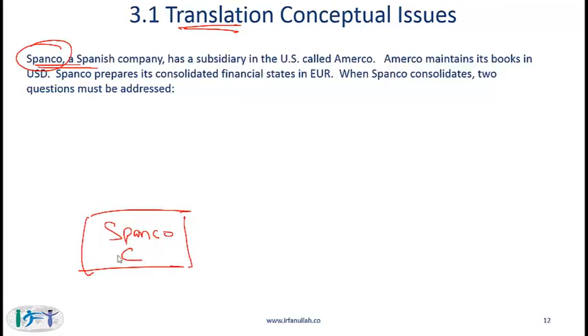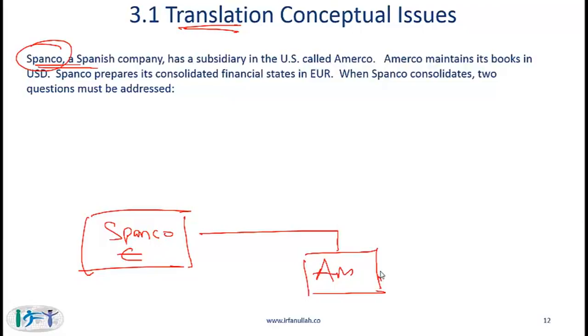So the presentation currency or the currency in which we report our numbers is the euro. We have a subsidiary in America and the name of that company is Americo. Obviously, Americo will buy and sell over here in America. The US dollar is the foreign currency.